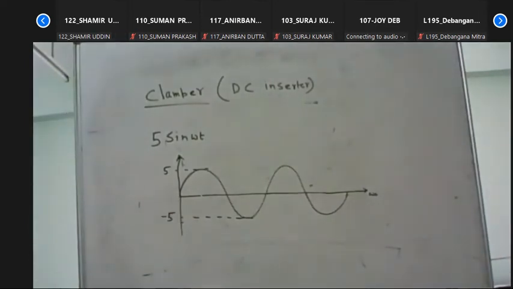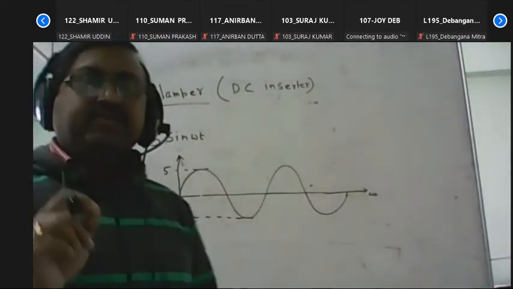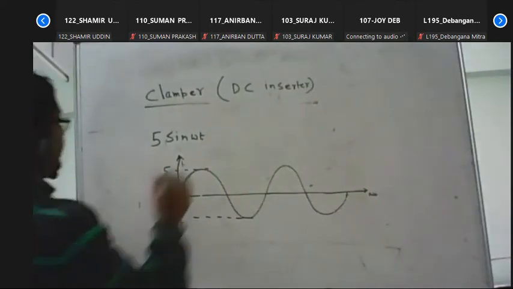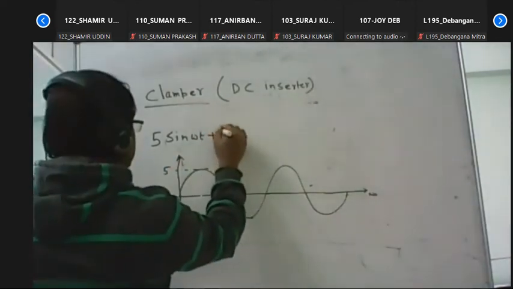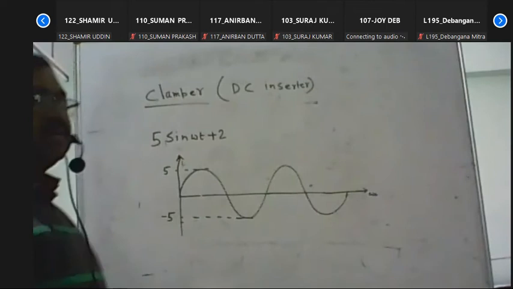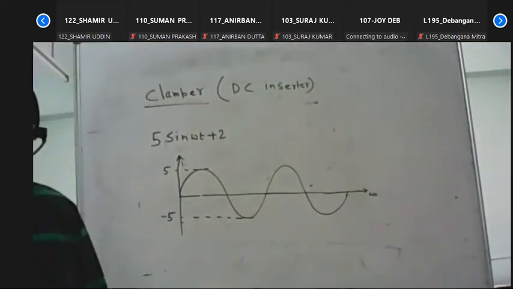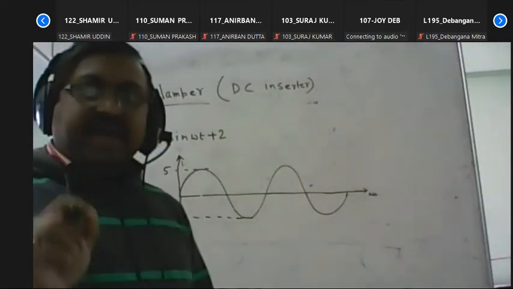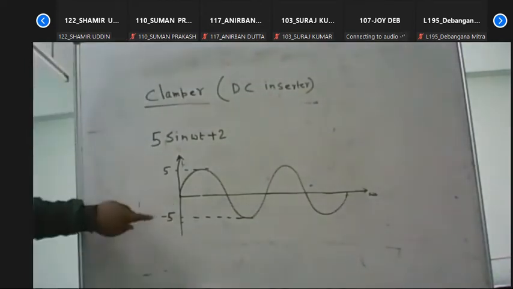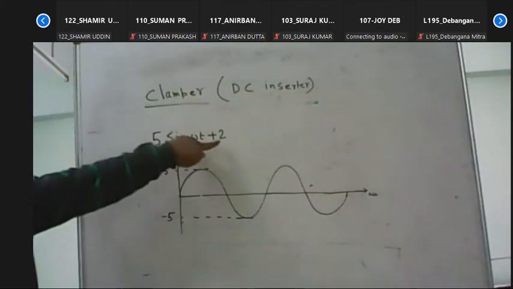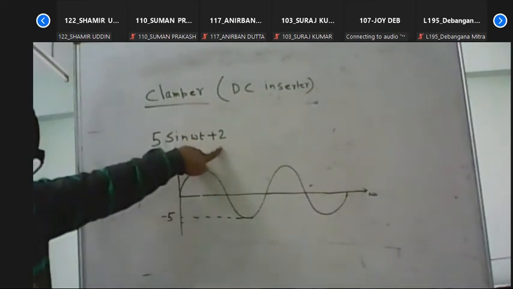Now, if we need to draw 5 sin omega t plus 2, then what happens? 5 sin omega t plus 2. That means the minimum value of the input signal becomes minus 5 plus 2, that means minus 3.